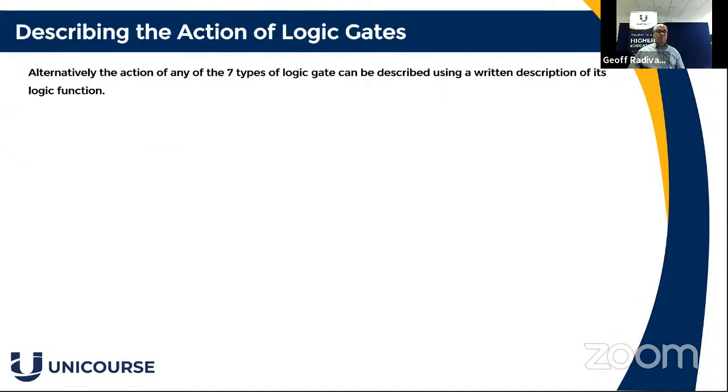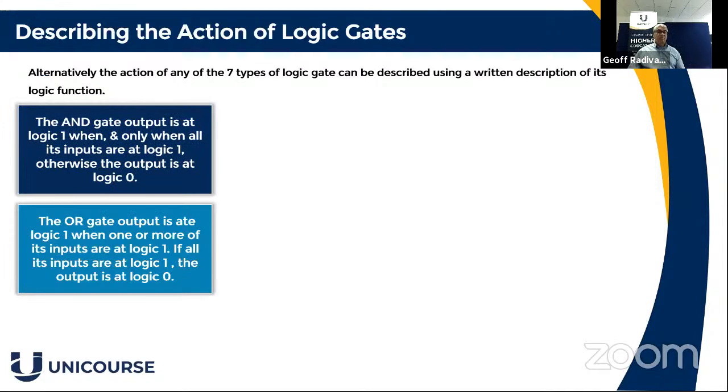So the AND gate gives us an output of logic 1 only when both are at 1, and when you have one input which is a 0, the output will always be 0. So you could have, in theory, an 8 input AND gate, and if one of those inputs is a 0, the output will be 0.